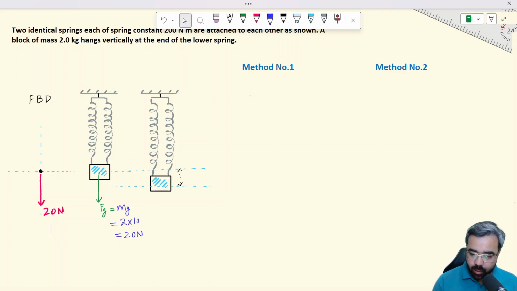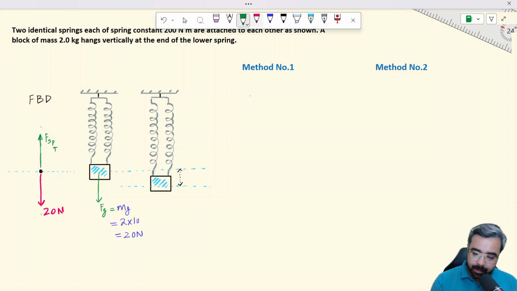Now since this object is in equilibrium, the sum of all forces exerted on this block is equal to 0, which means that if 20 Newton is applied downward, there must be 20 Newton upward. So the total force upward is also 20 Newton, which is the sum of the two spring forces. This is the total spring force.